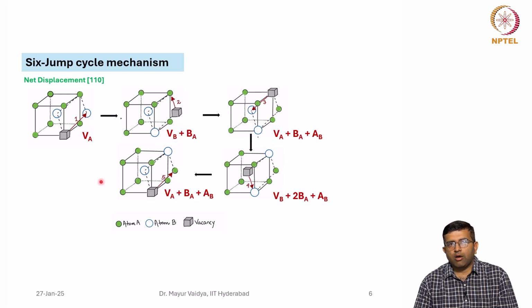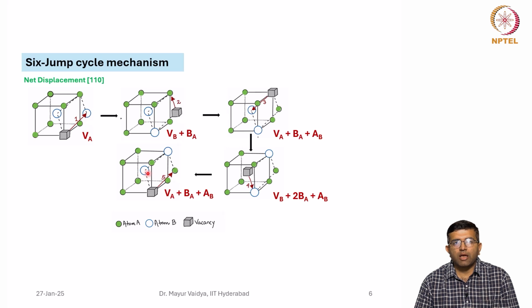Now it will restore the order. The vacancy has come here, and the B atom has come to its sublattice. So, now instead of 2 BA, you have only VA plus BA plus AB, because one B atom has restored its position.